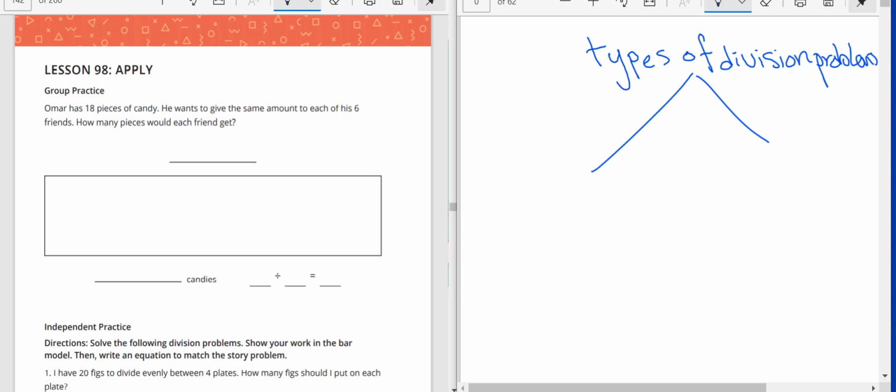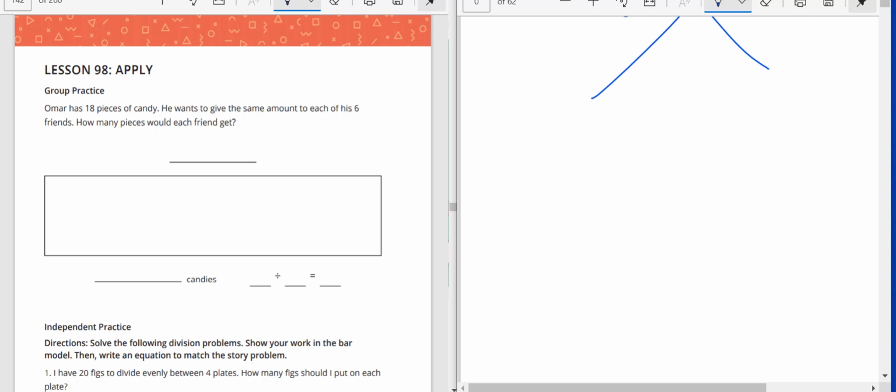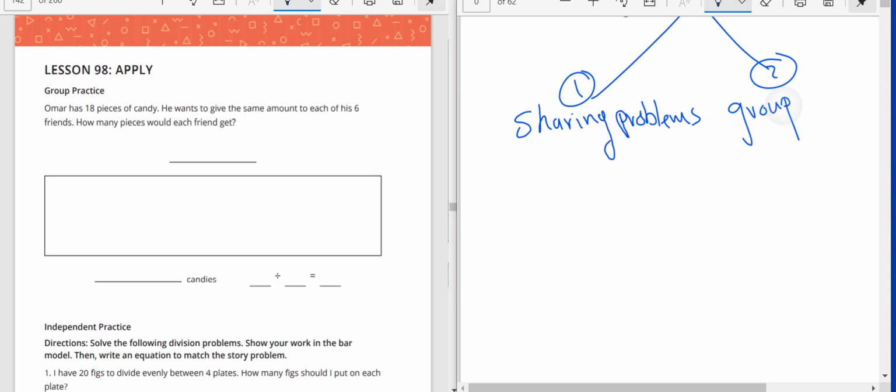We know two types. The first one is called sharing problems. And the second one is called grouping problems.